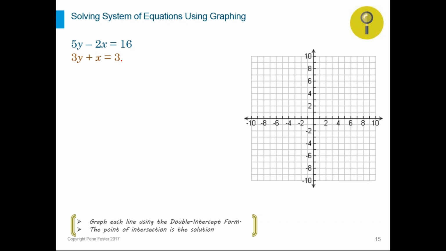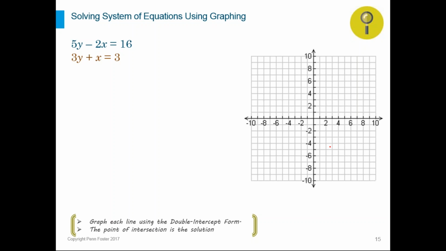So solving a system of equations using graphing is you will graph line 1, graph line 2, and find on the graph the point where the two lines intersect. That point is the solution. Okay, let's do that together. Now, I'm going to use the double intercept method.